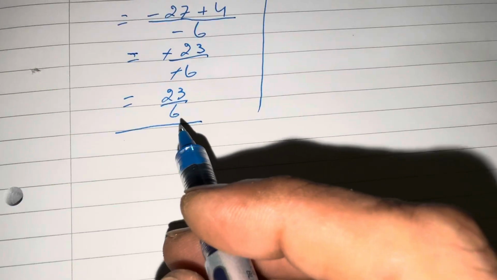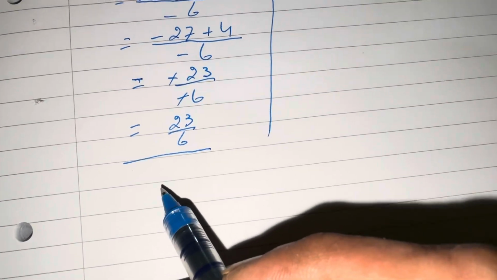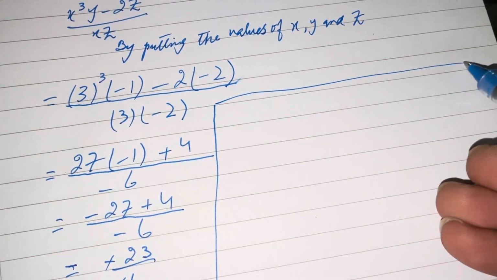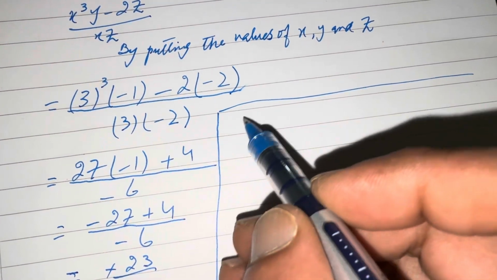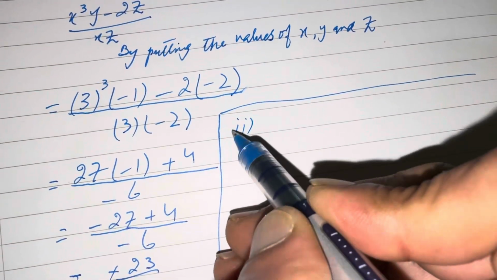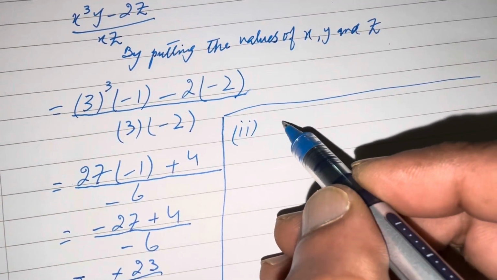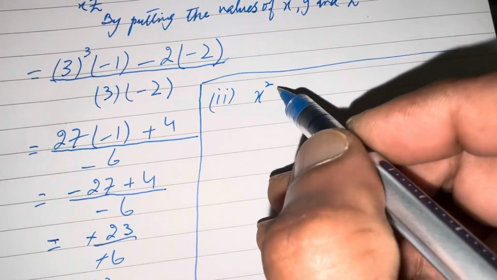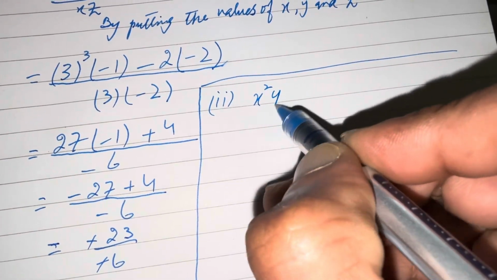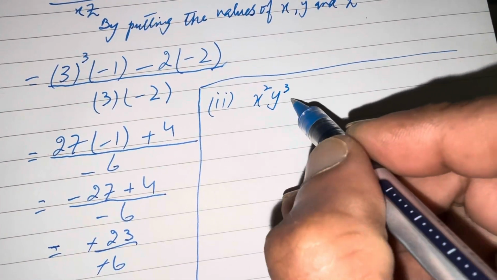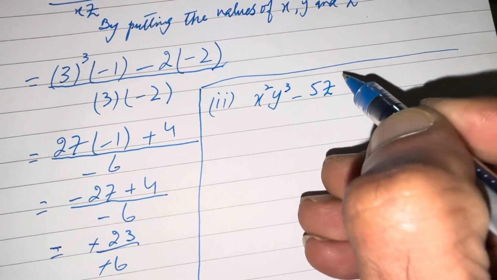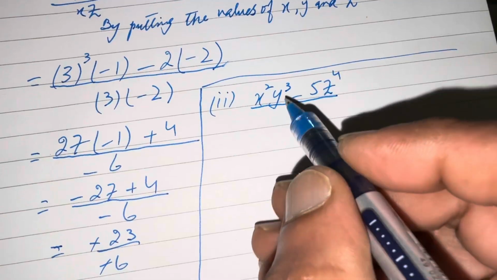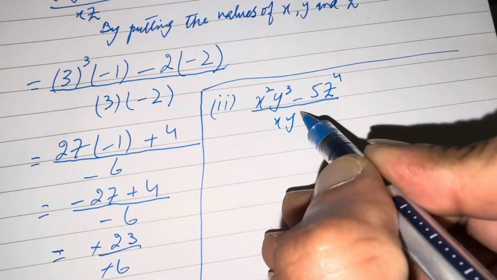So let's suppose I'm using this space to solve the next question. Let's see, the second example is equals to x square y cube minus 5z raised to power 4 divided by x, y, and z.